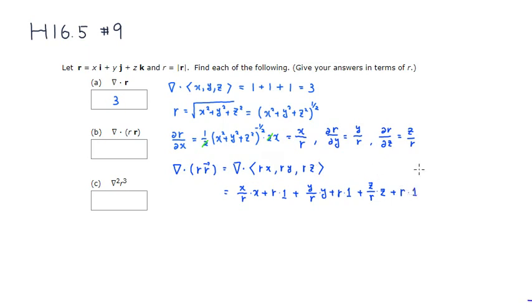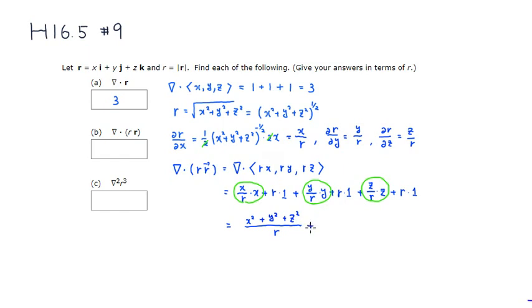So what you get is x squared over r. I'm going to put all these together. I took care of this one, then y squared over r, then z squared over r.